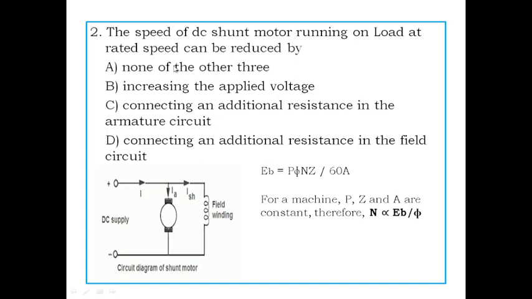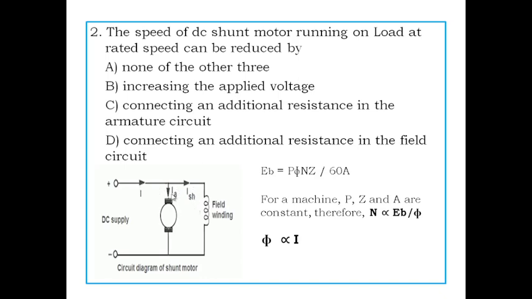So here the question is to reduce the speed, and to do that we have to increase the flux. In order to increase the flux, we have to increase the current flowing through the field winding, because flux is proportional to the current. To increase the field current, we have to reduce the current flowing through the armature, because we know that I is equal to Ia plus Ish. It's parallel.